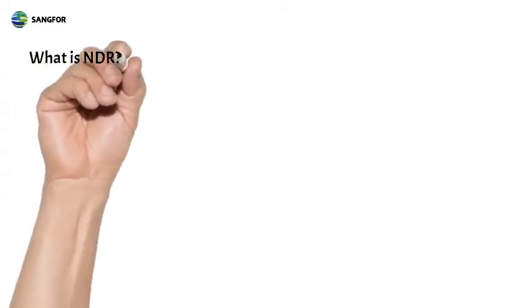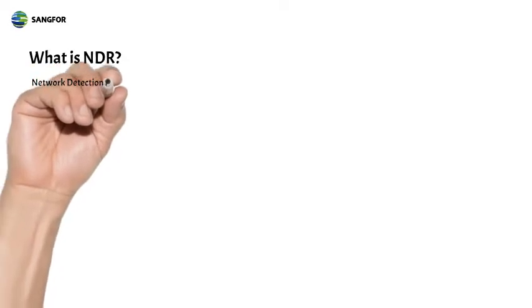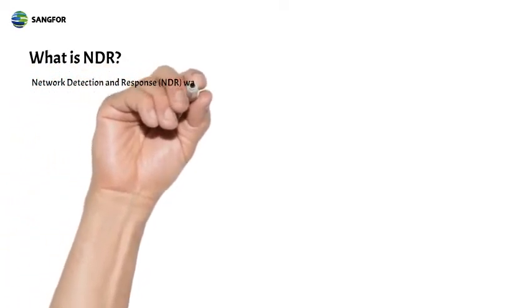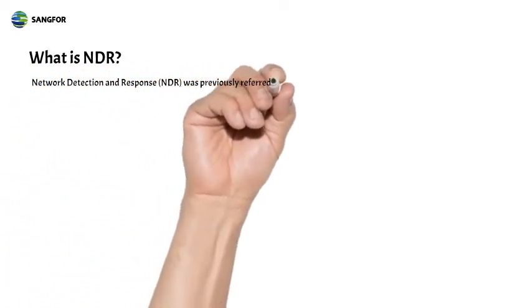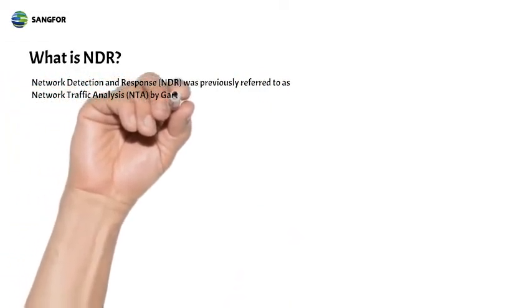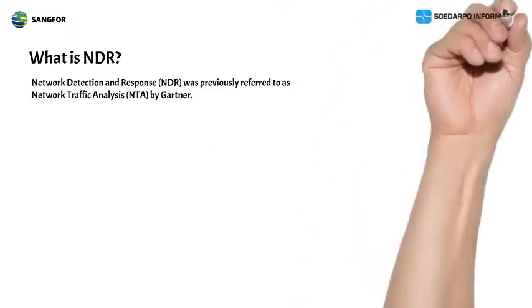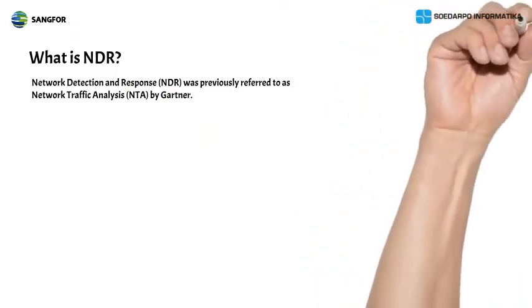Network detection and response was previously referred to as network traffic analysis by Gartner. It analyzes raw network packet traffic or traffic flow, has the ability to monitor and analyze north-south traffic, and can model normal network traffic and highlight anomalous traffic.